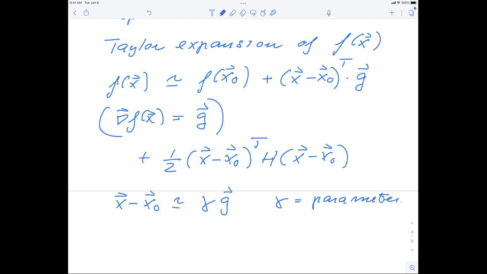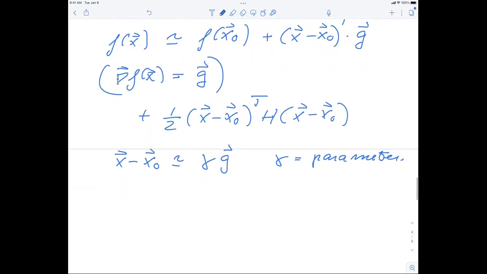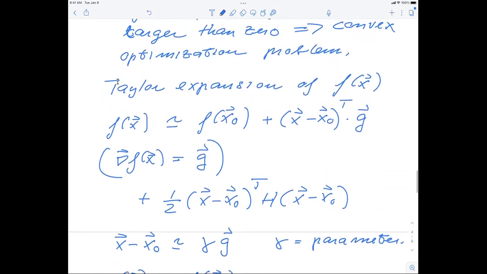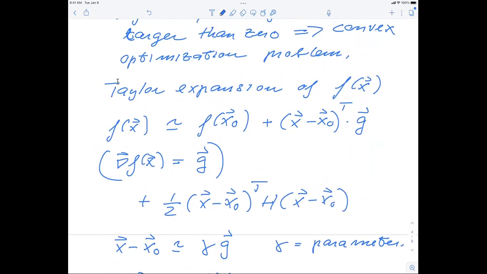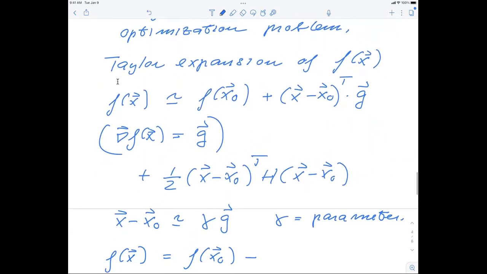So that means I can rewrite my Taylor expansion, where I've now made an approximation for the difference x minus x0. It is now given by f of x0, and it gets a minus, because x minus x0 is going to be minus gamma times g.